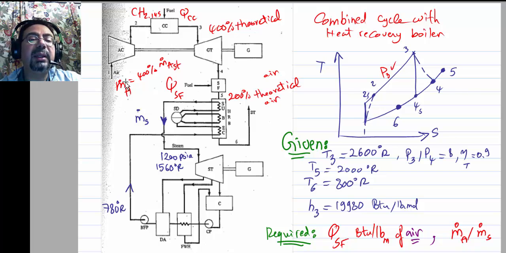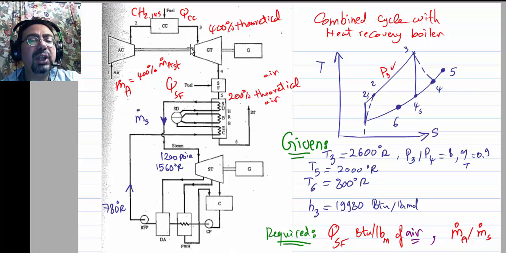So this is pure air, and the air he's using here is 400% of the theoretical air that's needed to burn that fuel. And already the 100% air that is required to burn this fuel is a lot of air, right? So 400%, that ratio means that this is way too much air. So this really can be assumed all air.